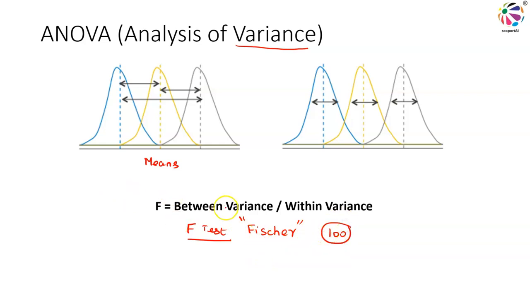So ANOVA and the F-test are all about 100 years old. Before 100 years, in the 18th century or 17th century, the concept of ANOVA was not there. The F-test was not there. See how much distance we have come in industrial progress, this true industrial revolution. So Fisher played a big role.